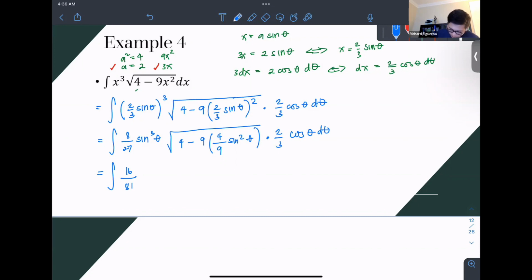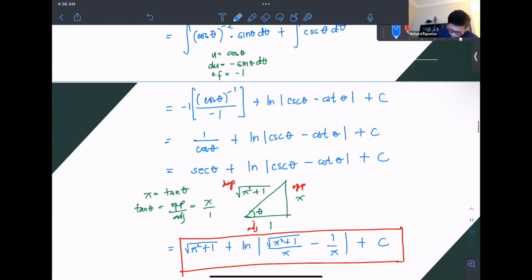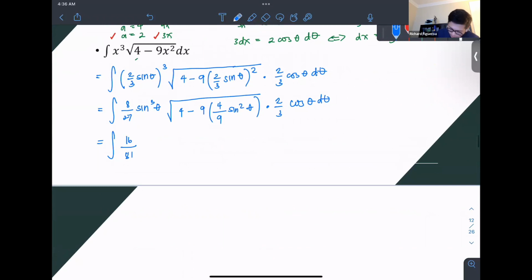Then I'll have sine cube theta, then cosine theta, and multiply it with, so this one would cancel out. And then I'll have 4 minus 4 sine squared theta. I can factor out 4 there. So it will become 1 minus sine squared theta, then d theta.